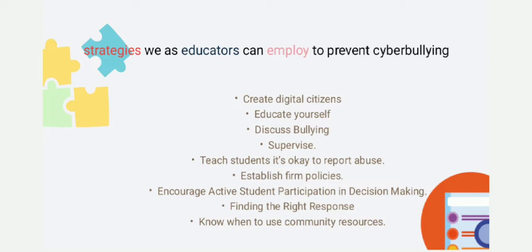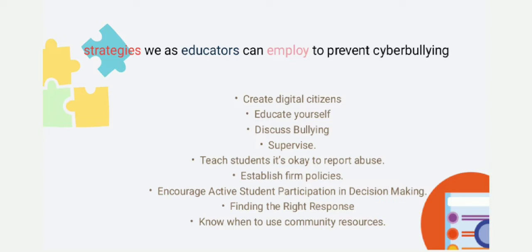So actively monitor the online activities of students and set the tone that students who use technology in a distracting or harassing manner will be disciplined. So it is our duty to supervise our students, especially if they are on our school grounds.